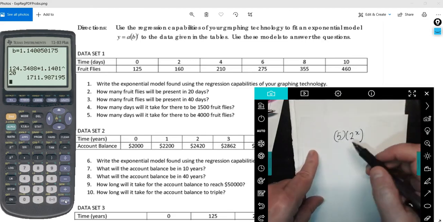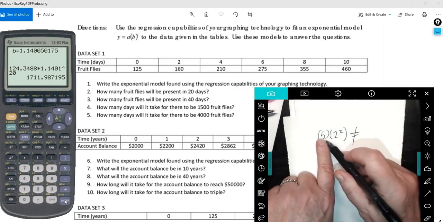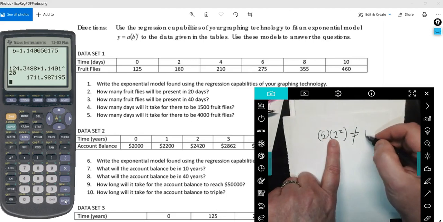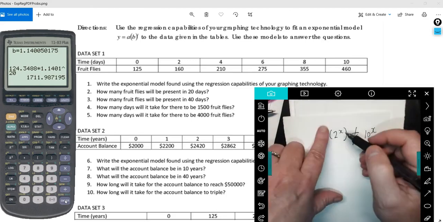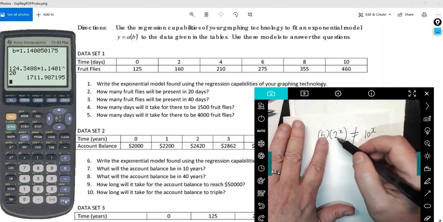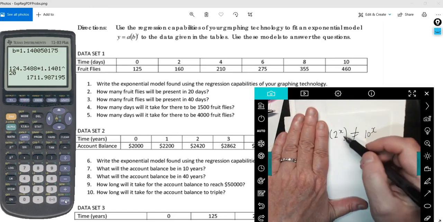You do not multiply 5 times 2, so this is not equal to that, and some students will do this, they'll multiply the 5 and the 2. It's not equal to that, because order of operations says this 5 can't be multiplied by the 2 first. The precedence, the order that it happens in, is you've got to do that first.